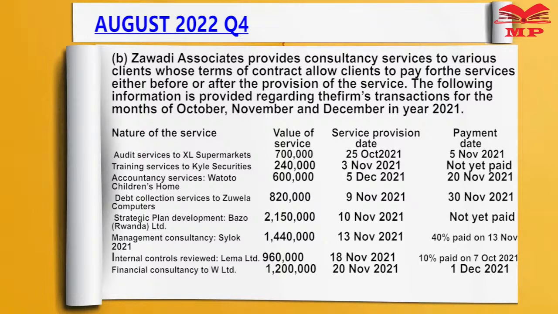So we have a table of 4 columns. The first column is the nature of the service or transaction. Second column is value of the transaction. The third column is service provision date. And then the last column is payment date. So we have a number of transactions and then all those details.